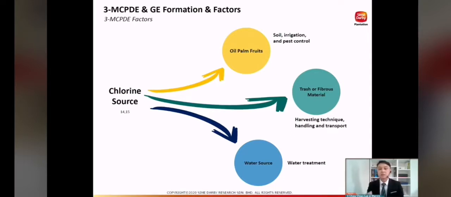Secondly, trash or fibrous materials that we collected during the harvesting and sent to the mills along with the FFB might also be contaminated with chlorine sources. These have to do with the harvesting technique, handling, and transport. And lastly, the water source that we use for our water processing. So these are the 3 items that are potentially the chlorine source for the 3-MCPDE formations.